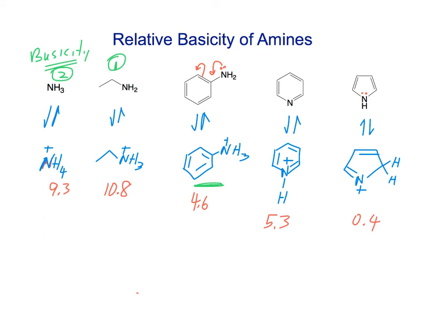Actually, it's easier to think about it from the base rather than the acid point of view. Yeah. When we protonate the basic form, we're destroying the aromaticity of the ring. Exactly right. So when we protonate pyrrole, it's over here on the end, the conjugate base here is no longer aromatic.